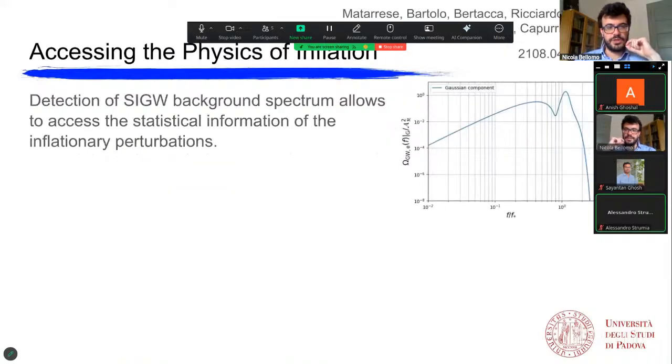And not only that, because if we are interested in the shape of the spectrum produced by these scalar-induced perturbations, we find that the shape is very sensitive to the dynamics happening during inflation.